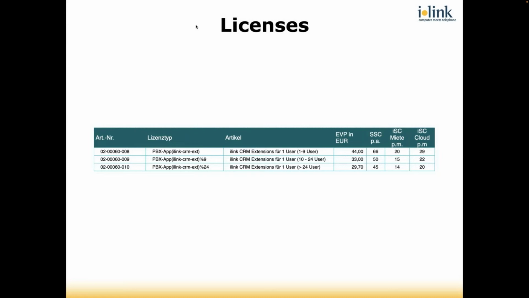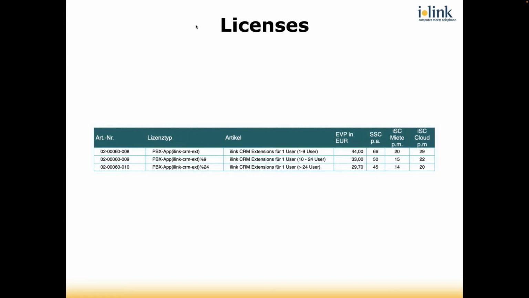You see the list price. You can buy that with the annual maintenance, and there's also the option to rent this, either if it's running in the cloud or in your own data center. So there are different price positions for that.